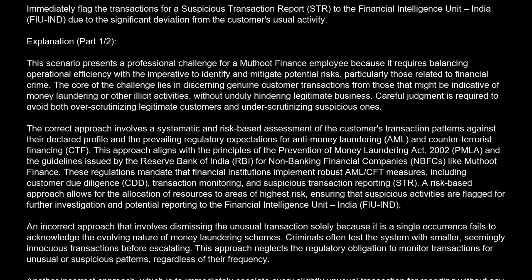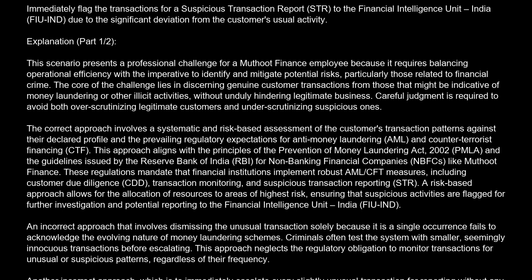These regulations mandate that financial institutions implement robust AML/CFT measures, including customer due diligence (CDD), transaction monitoring, and suspicious transaction reporting (STR). A risk-based approach allows for the allocation of resources to areas of highest risk, ensuring that suspicious activities are flagged for further investigation and potential reporting to the Financial Intelligence Unit India, FIU-IND.